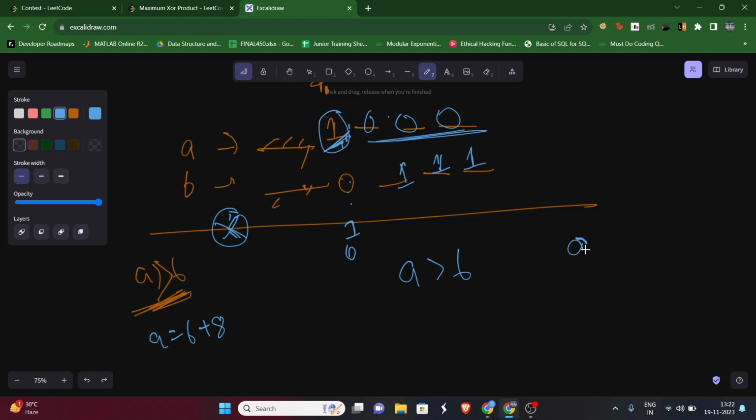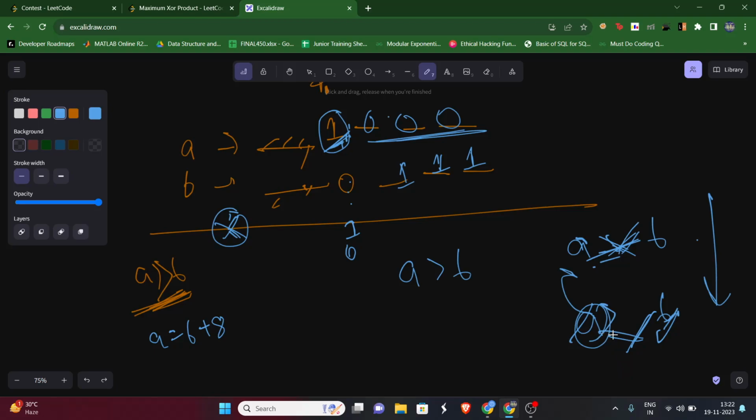If a and b are much apart, with a bigger difference, their multiplication will be smaller. So if a is bigger, we will unset from a and set it to b, because that will decrease the difference.